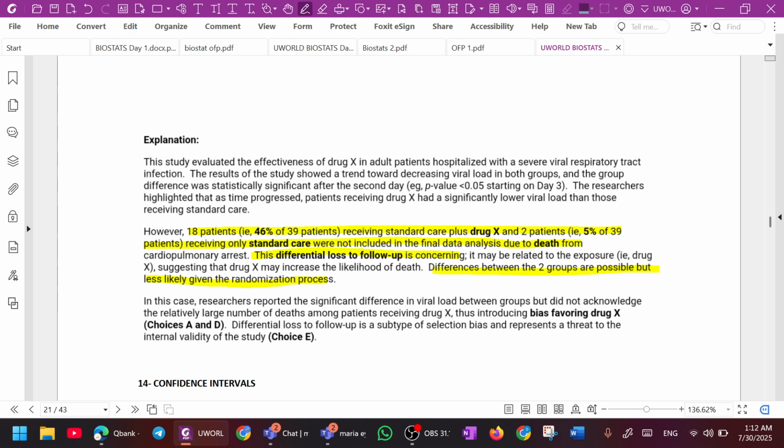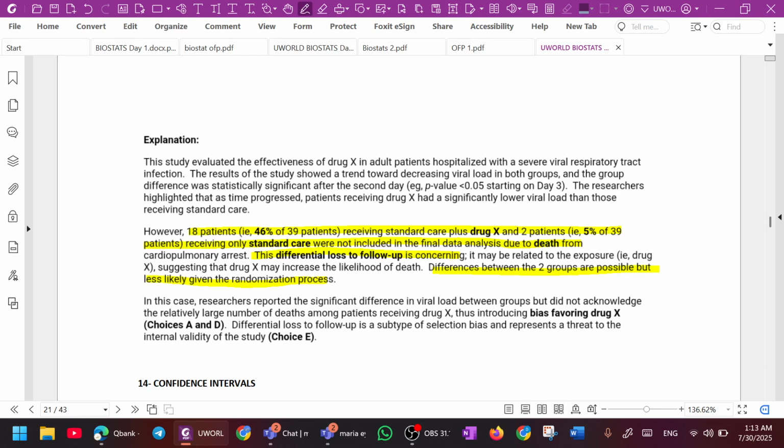Yes, I think that's what they're trying to come up with here. There is a large number of patients that died, that were lost to follow up. So maybe that's affecting the validity of the study. Because the researchers concluded that our treatment is good. Look at day 4, there are only three people with virus, and it's statistically significant, so our treatment is really good, we can put it on the market.